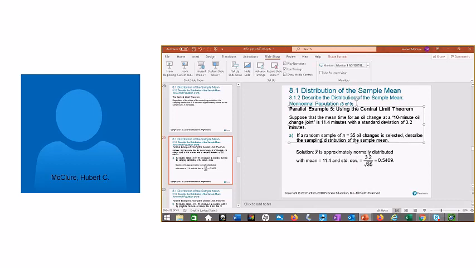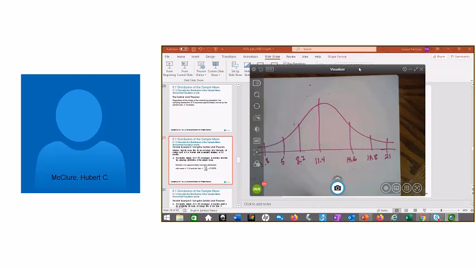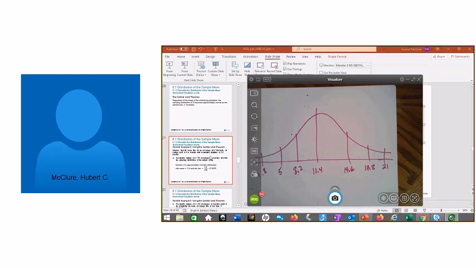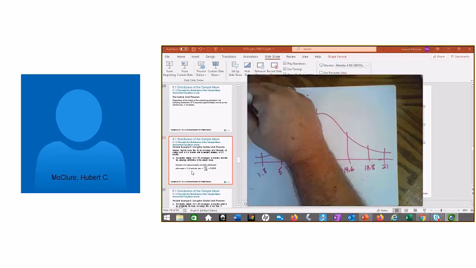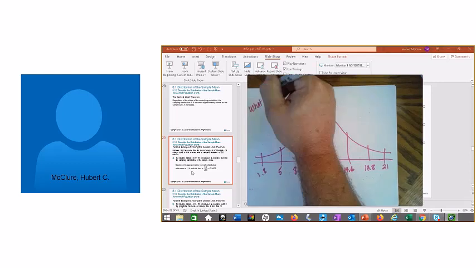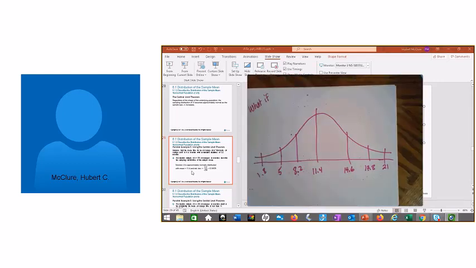Now, A says, what if, so I'm going to put A up in the top left-hand corner here. I'm going to try to use this to guide me, and I'm just going to write. Okay, it says, what if a random sample of 35 oil changes? I say what if because that's the difference between the questions we're doing now and the questions we had before.